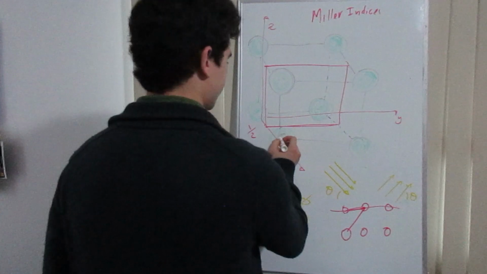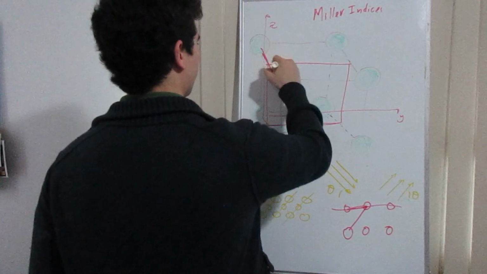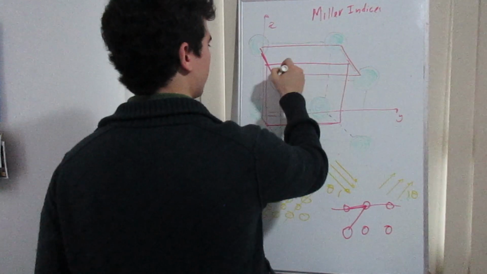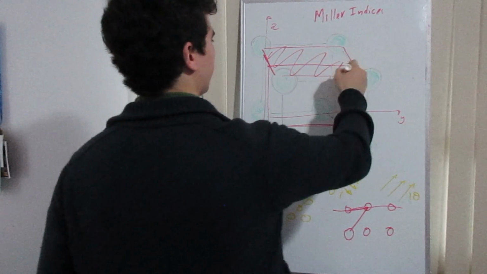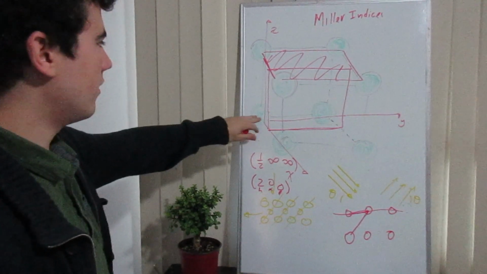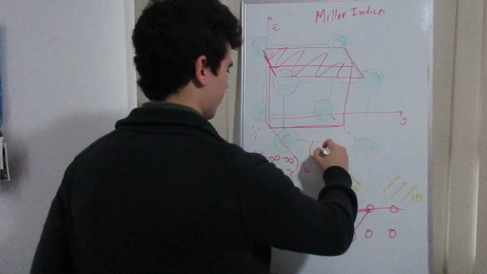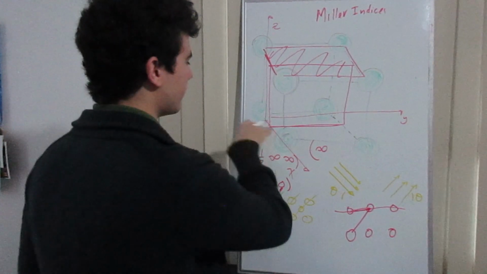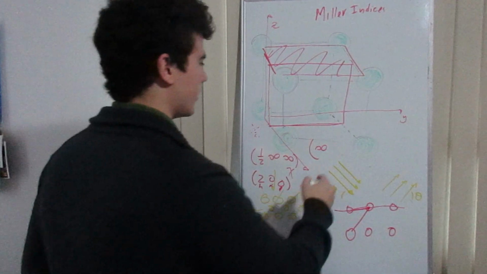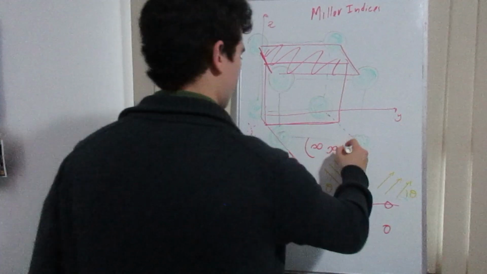To calculate, for instance, the planar density of the top of the roof of the unit cell, you're going to have, on x, as you see, infinity, and on y infinity, and on z you're going to have 1.